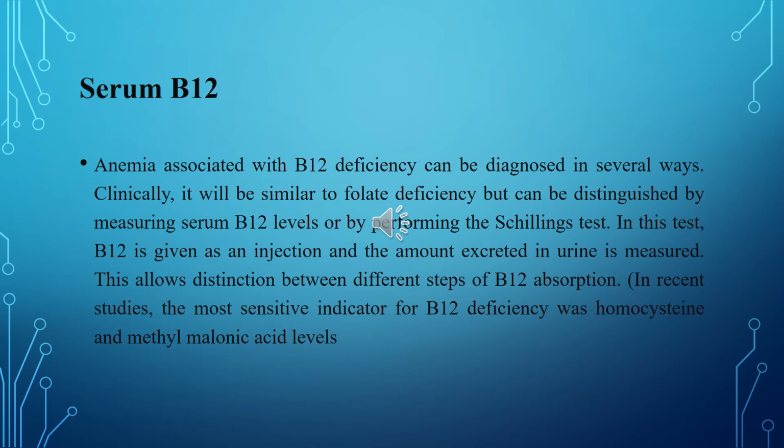In a CBC, it is difficult to diagnose; it could be B12 anemia or folate anemia. So there are other tests to diagnose precisely what type of anemia it is.